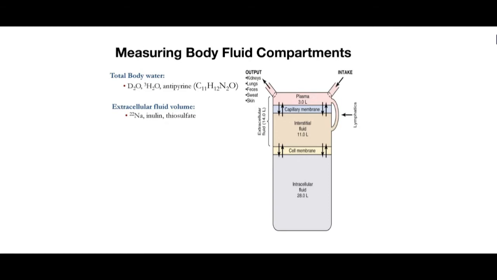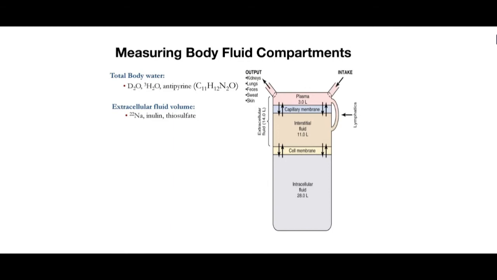So these three, your inulin, which we'll talk a lot about a little bit later on in terms of GFR, or glomerular filtration rate, thiosulfate and heavy sodium are all molecules or ions that are going to enter into your plasma. They can actually get out of your blood vessels and into the interstitial fluid, but they will not routinely enter into your cells. So it will stay in your extracellular compartment.